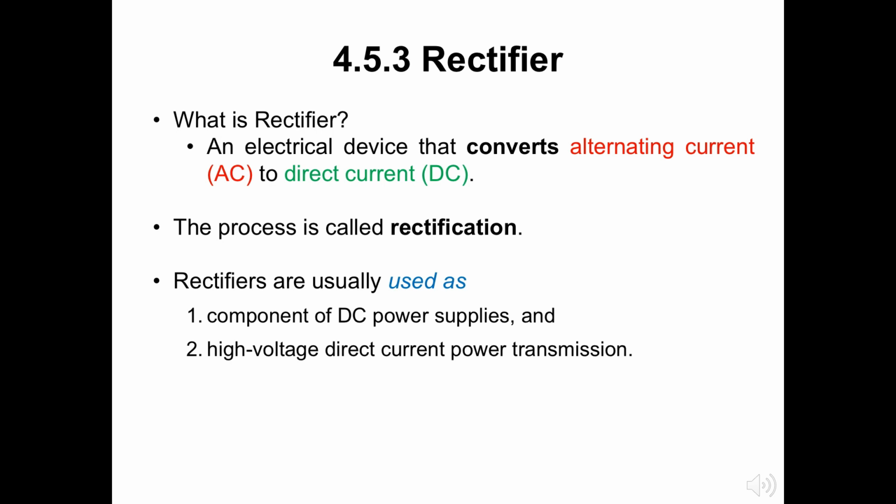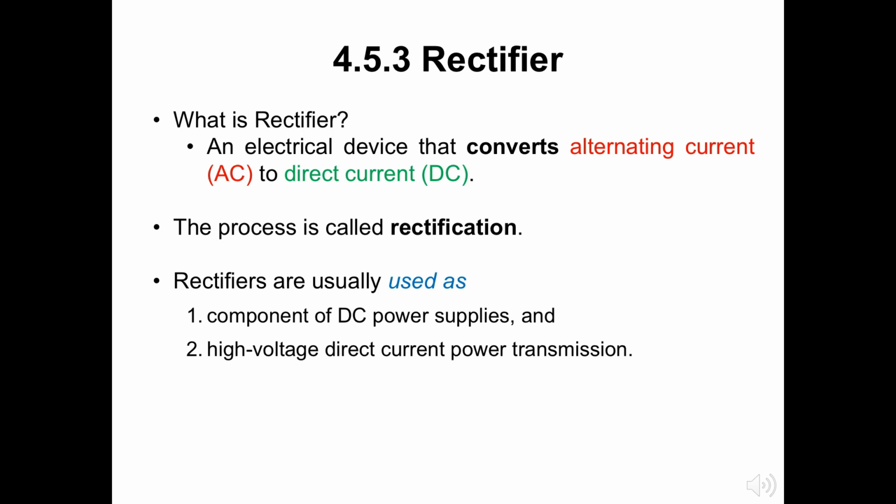Why is the rectifier important? Rectifiers are usually used as a component of direct current power supplies and high voltage direct current power transmission. As noted, detectors of radio signals serve as rectifiers.